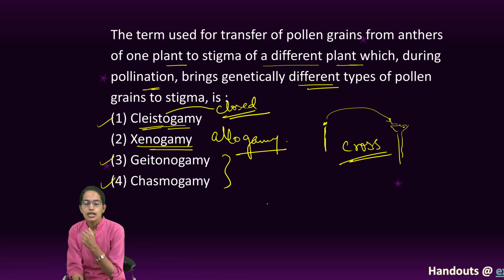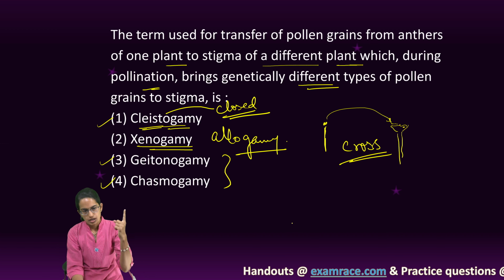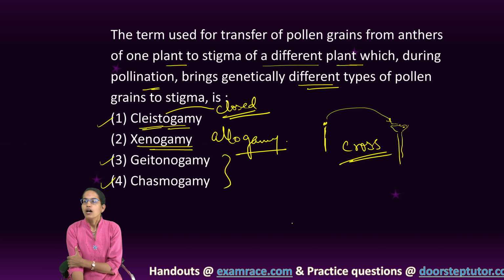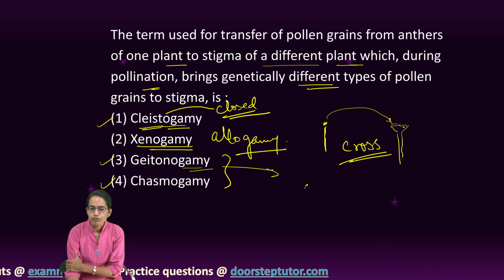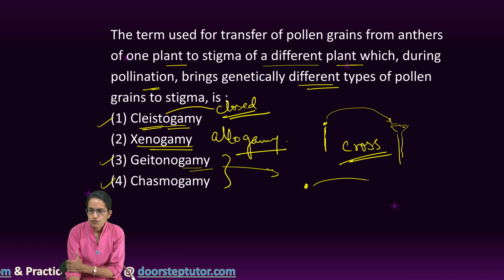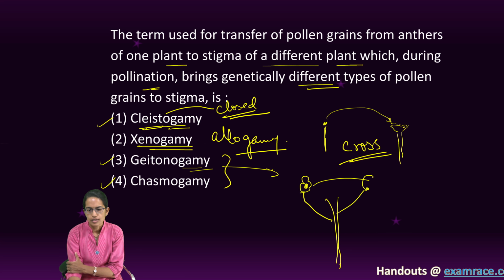Geitonogamy and chasmogamy are again kinds of self-pollination. In geitonogamy, the pollen grain from one flower is transferred to another flower of the same plant. So on this plant, this is one flower and this is another flower.